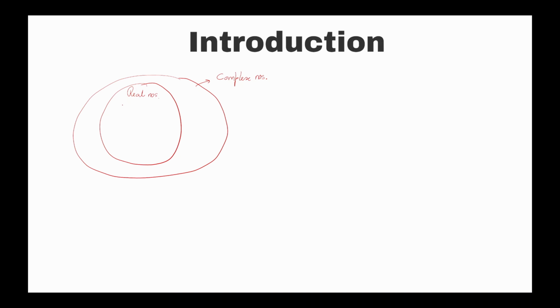And in real numbers, of course, we have two types of real numbers. One is rational real numbers and one is irrational real numbers. So here we are going to have rational, here we have irrational.